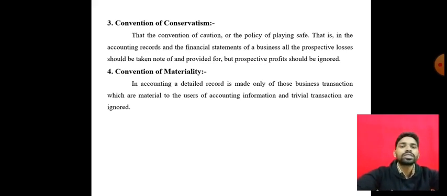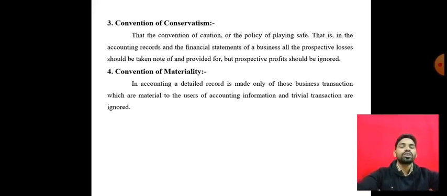The last one, the fourth one, is the convention of materiality. It indicates that in accounting a detailed record is made only of those business transactions which are material to the users of accounting information, and trivial transactions are ignored.